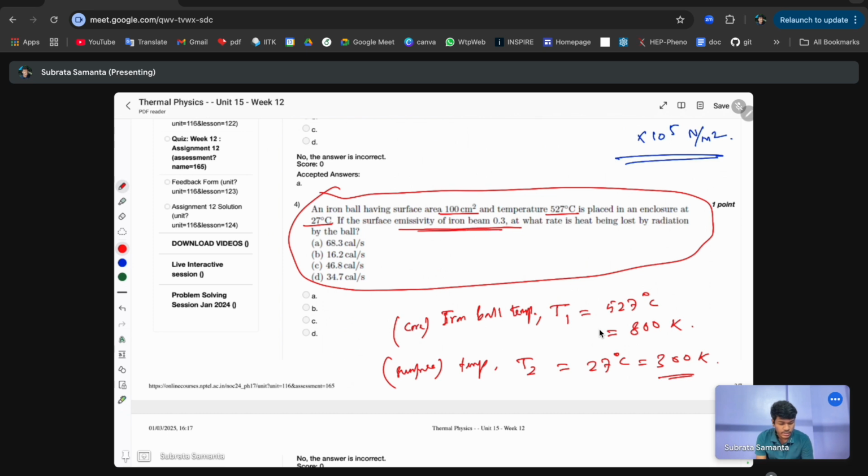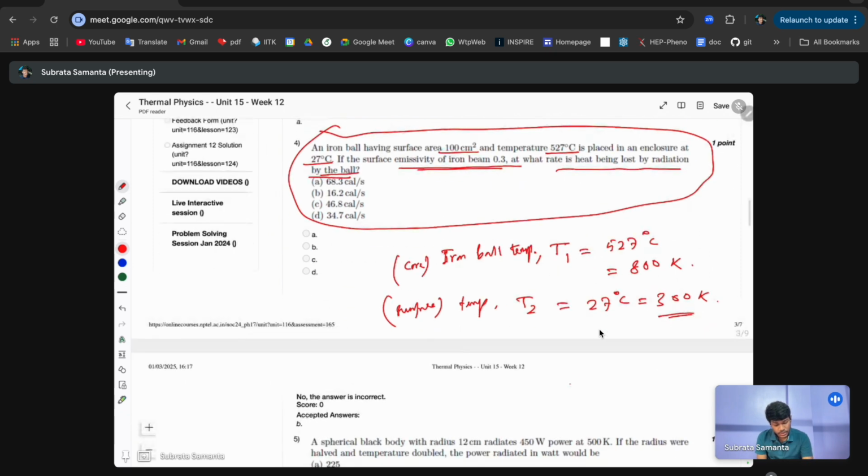At what rate is the heat being lost by radiation by the ball, by the core? The emissivity of iron is given as 0.3, so the value of E is 0.3. The area A is 100 square centimeter, so 100 times 10 to the power minus 4 meter square.